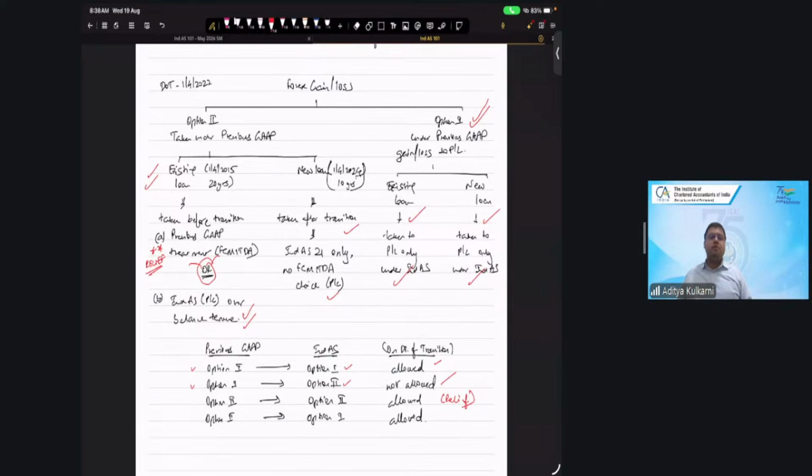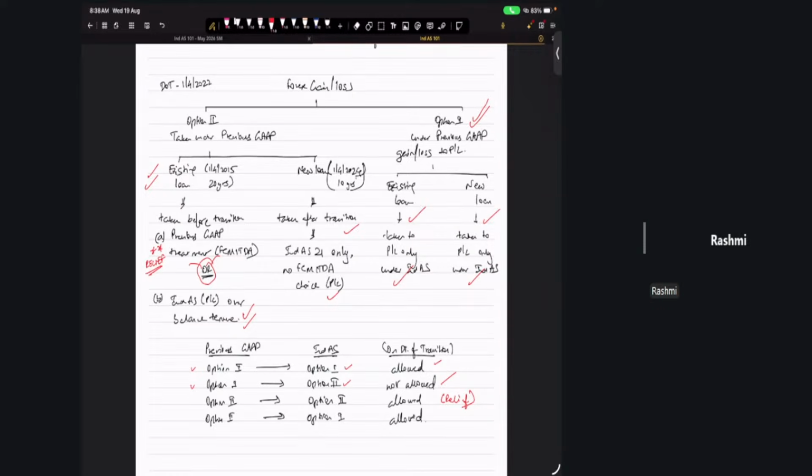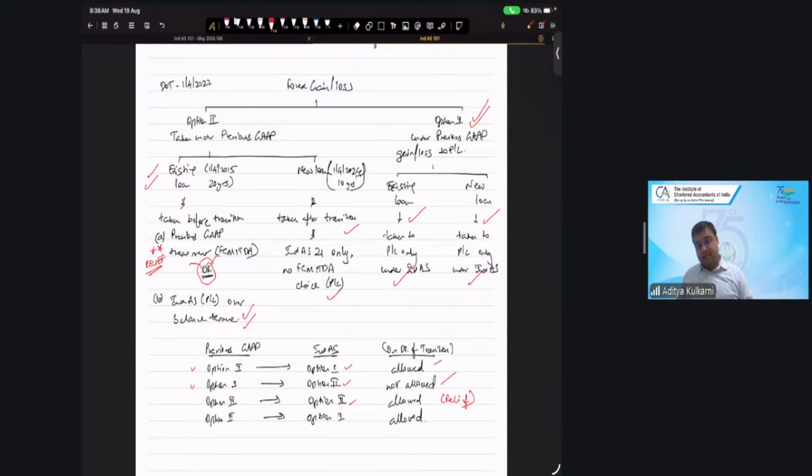So to speak, colloquially, informally, I was doing something that was not the usual treatment. Can I continue with the same treatment? The answer is yes, in respect of existing loans. This is the relief that is provided by Ind AS 101. Are you able to follow?